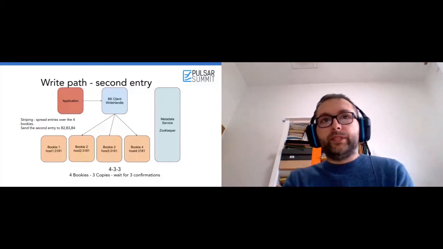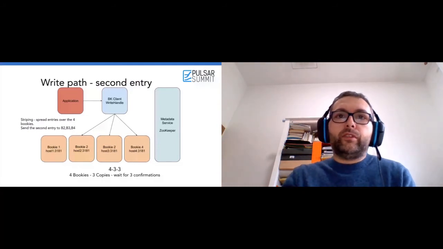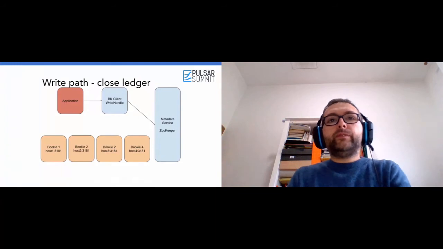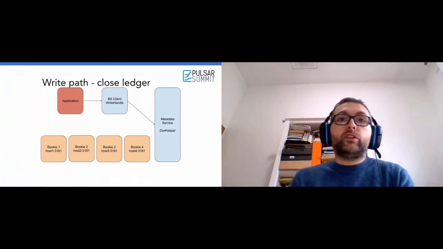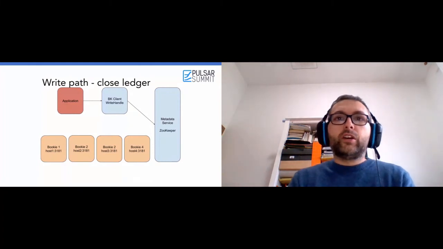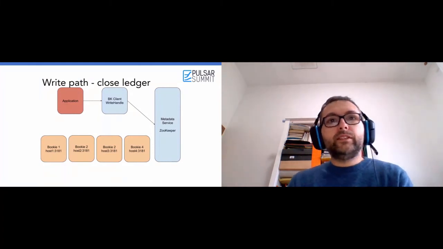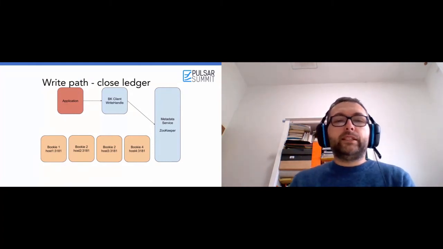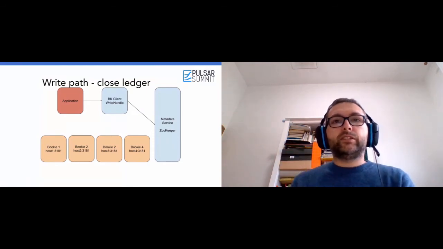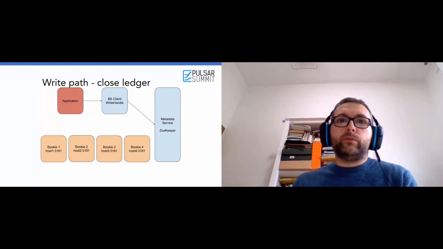Then we wait for the confirmation of the write, and acknowledge back to the application, and then the application closes the ledger. In this case, the Pulsar broker closes the ledger, and this is the only second metadata operation that seals the contents of the ledger. The ledger is immutable. No one can ever write to it anymore.